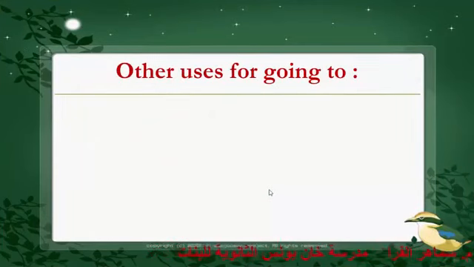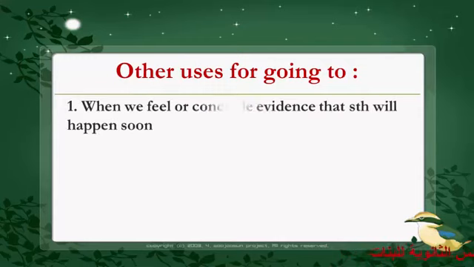Now there are other uses for going to. Going to is a kind of modal verb. And don't forget that before going to we have one form of the verb be: is, am, or are.